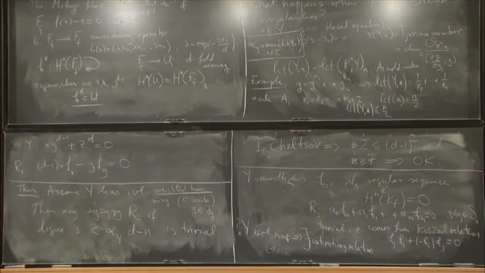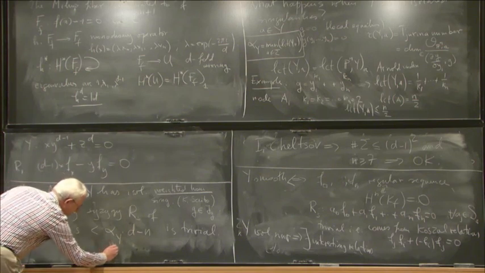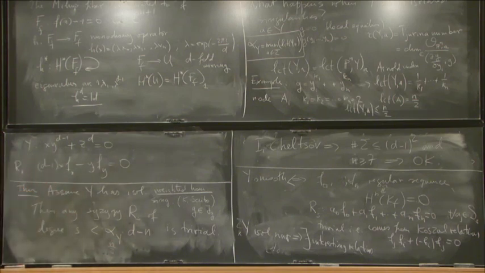Of the coefficients. And so you see that, for instance, if we are in the case of a nodal hypersurface, here we have n over 2, and I will discuss a special case to see that this result is sharp.